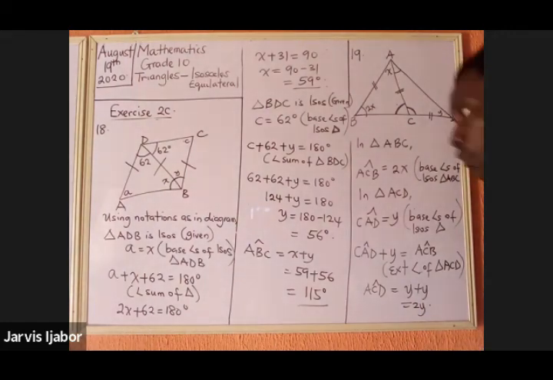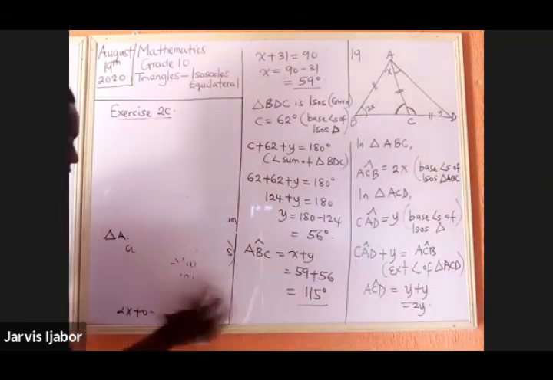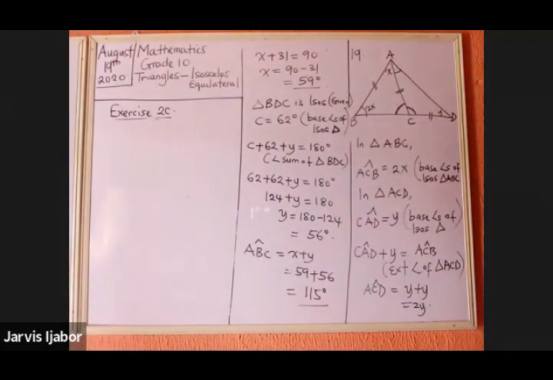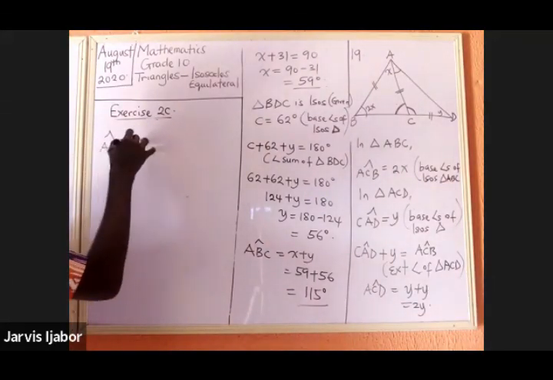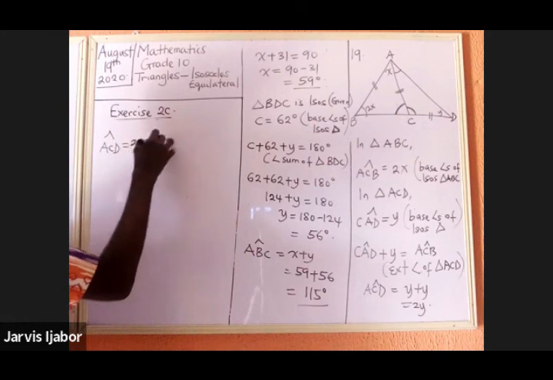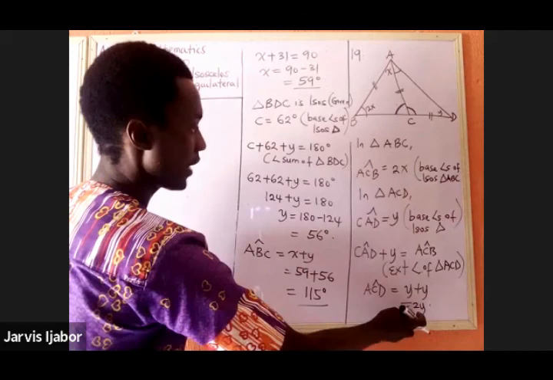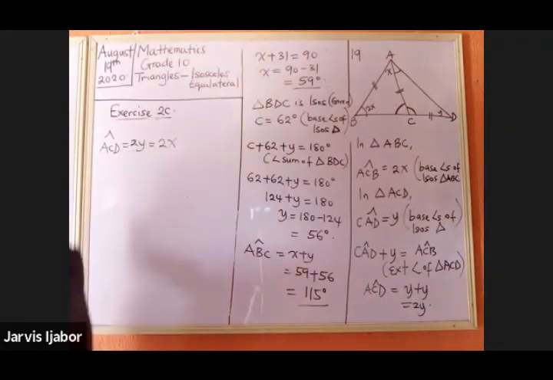So with that said, you would have noticed something very interesting already. If you're very observant, you would have noticed something very interesting coming out of there. Angle ACB is equal to 2y, and it's also equal to 2x. Are you seeing that? It's equal to 2y. It's also equal to ACB. Did I say D? Oh, it's ACB.